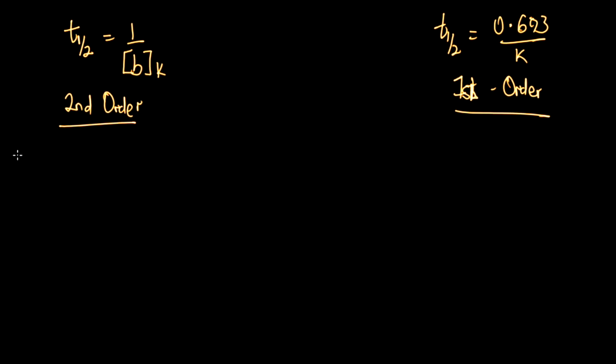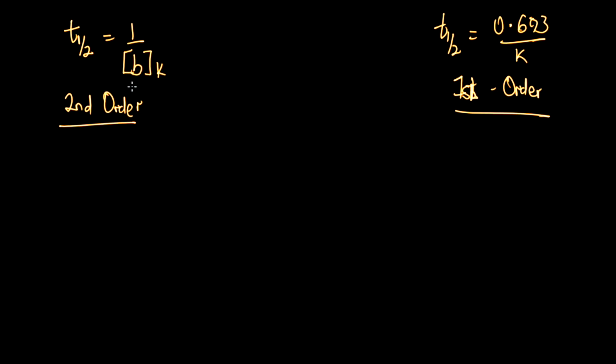For a second order reaction, the half-life depends on both the rate constant and the initial concentration of the reactant. So the half-life of a second order reaction is inversely related to the rate constant and the initial concentration of the reactant.